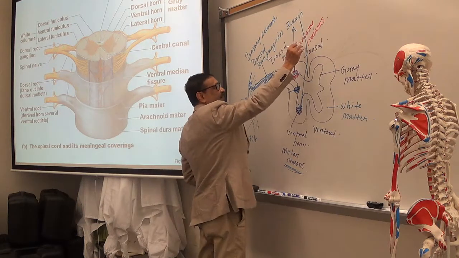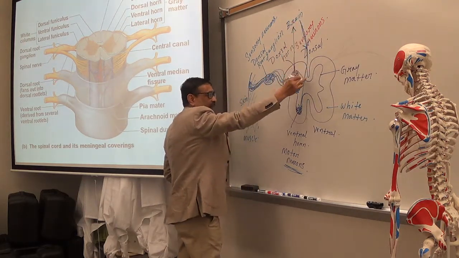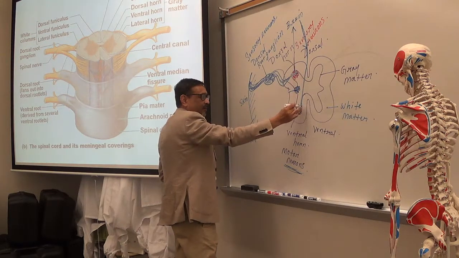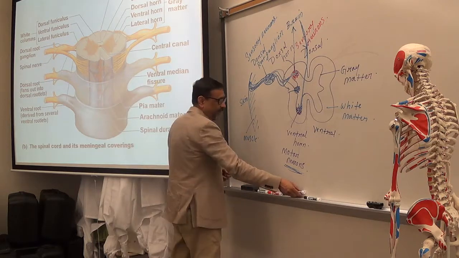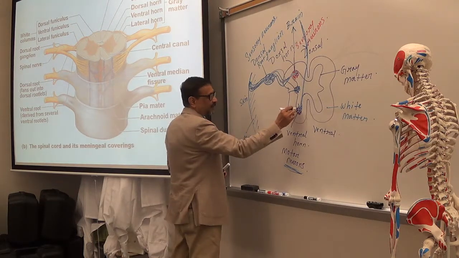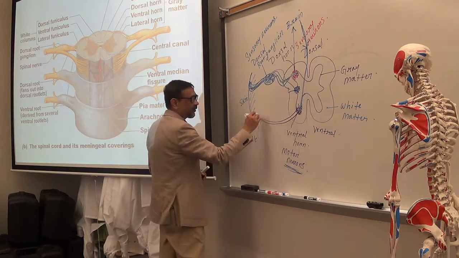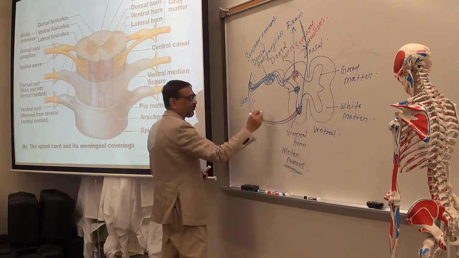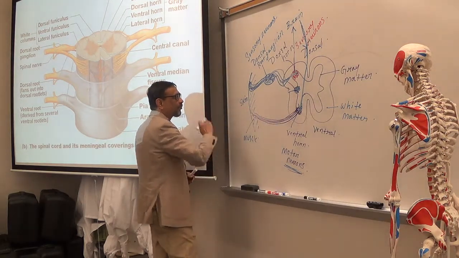So descending tracts will bring the signal from the brain to the ventral horn neurons. And from the ventral horn neurons, the signal will go directly to the muscles, okay.